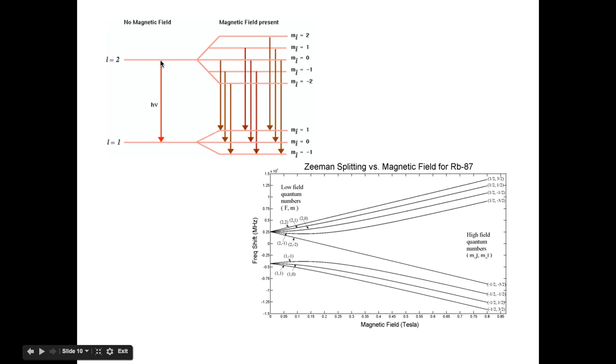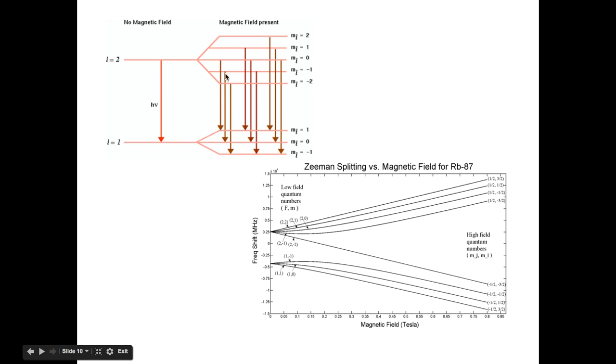So if you had an atom in this state and it would drop down, it would emit a photon with an energy of h nu, where nu is the frequency. And then when you apply this magnetic field, you find that the L equals 1 state splits into 3 states, so M equals 1, 0, minus 1. And the L equals 2 state splits into its 5 components, right?